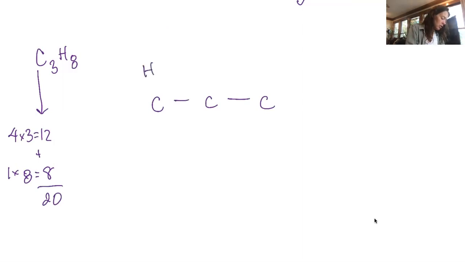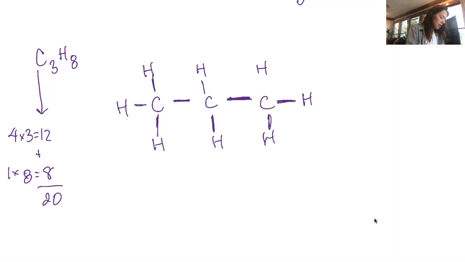The hydrogens are going to be all around here. 1, 2, 3, 4, 5, 6, 7, 8. Check this out. 2, 4, 6, 8, 10, 12, 14, 16, 18, 20. I'm out of electrons. Each carbon is satisfied.